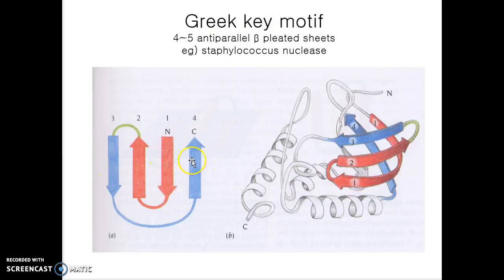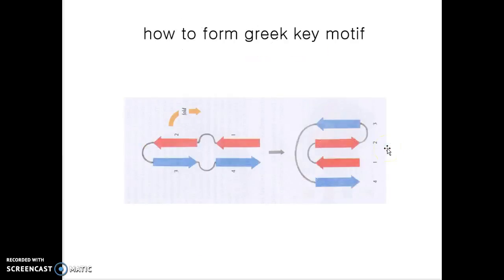Basically, four anti-parallel betas are connected in this way, 1, 2, 3, 4, making a certain drawing found in ancient Greece. You see the real protein called staphylococcal nuclease, and how it can be formed.